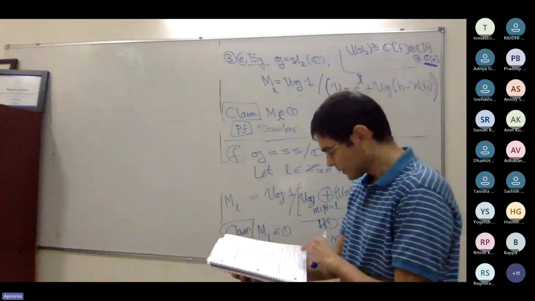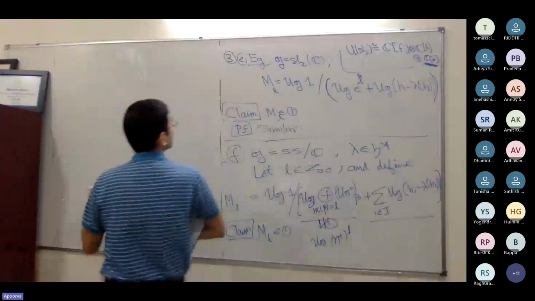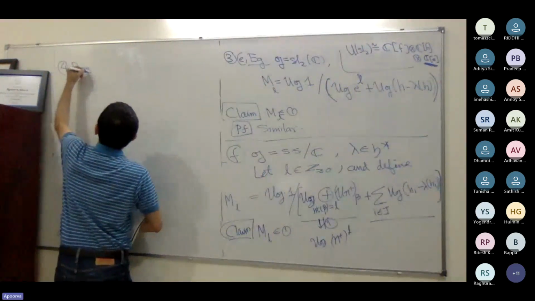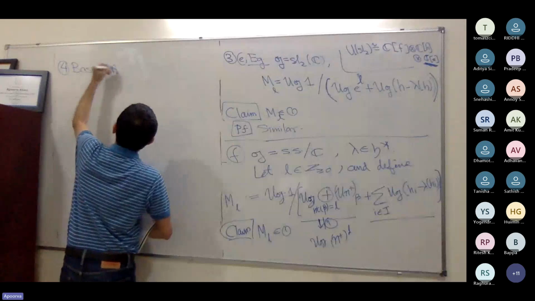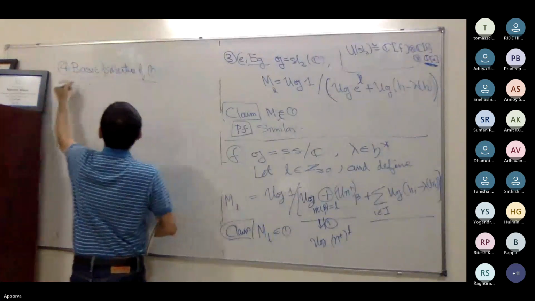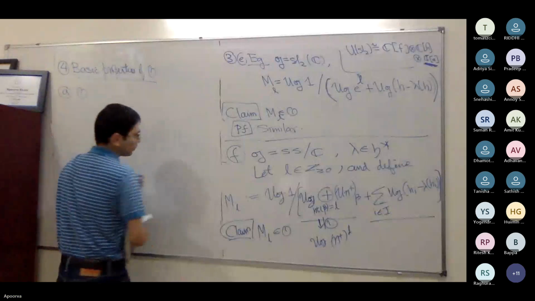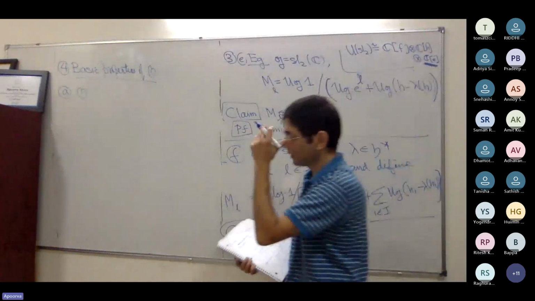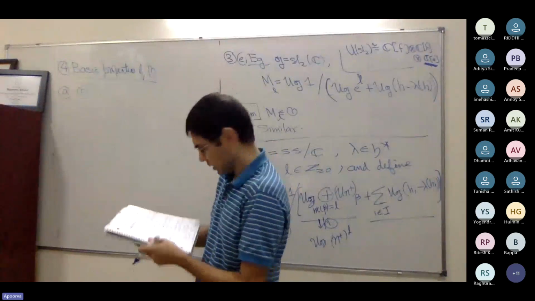Okay, O is closed under finite direct sums and quotients. Let's start with 4, since we did 3. We already said that it's closed under finite direct sums and quotients. The submodule part we will get to hopefully tomorrow.